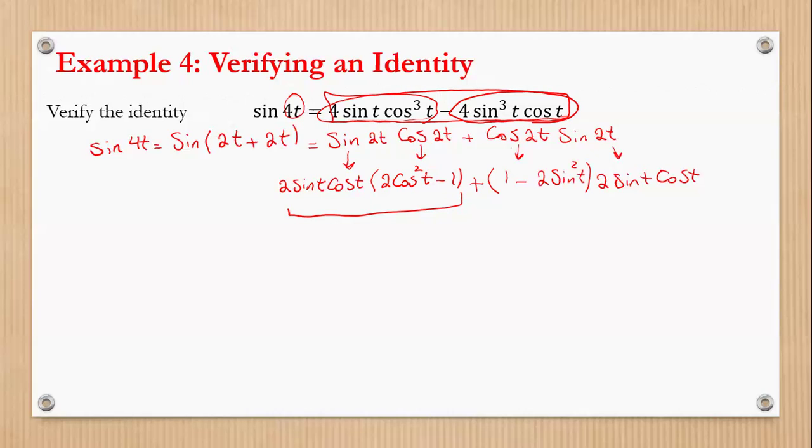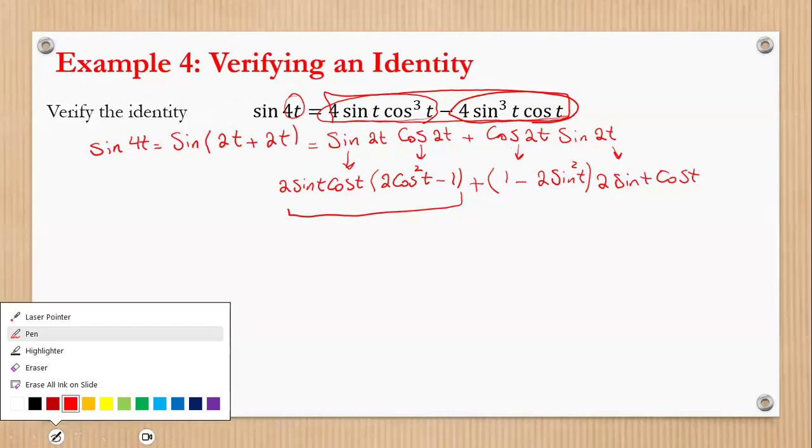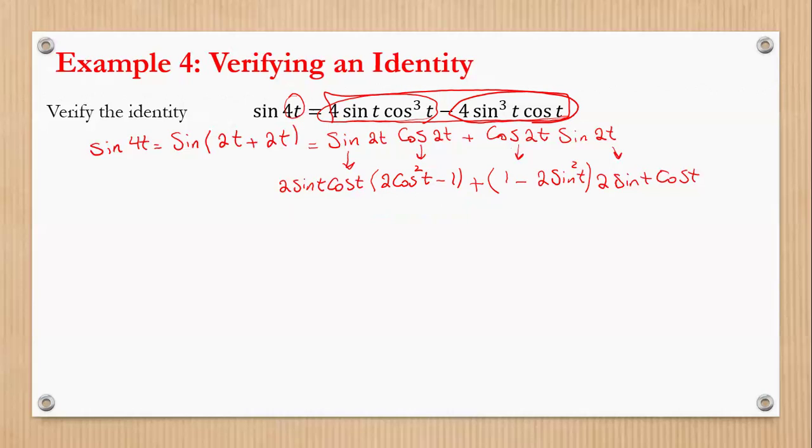And now we need to distribute to remove the parentheses. What is 2 sine t cosine t times 2 cosine squared? 2 times 2 is 4 sine t, 1 cosine times 2 cosine is 3 cosines. 2 sine t cosine t times -1 is -2 sine t cosine t.